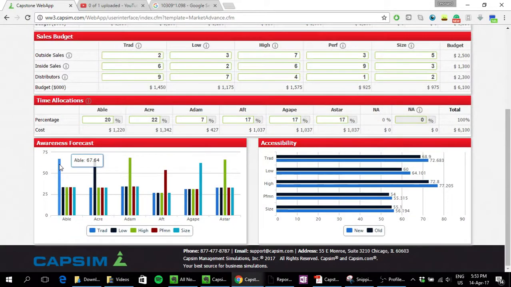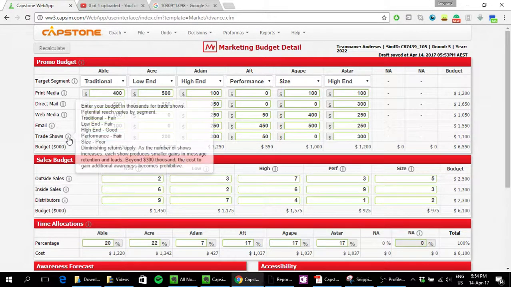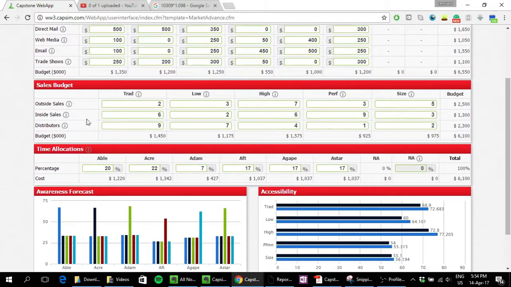You see that my awareness actually decreased. So my advice is do not put any on those poor performing platforms, and put in just about half the amount for the fair performing platforms.